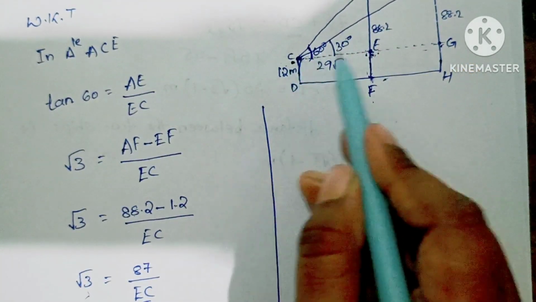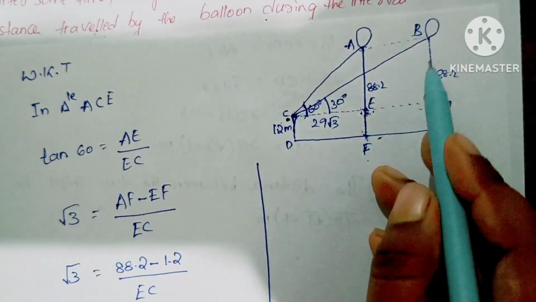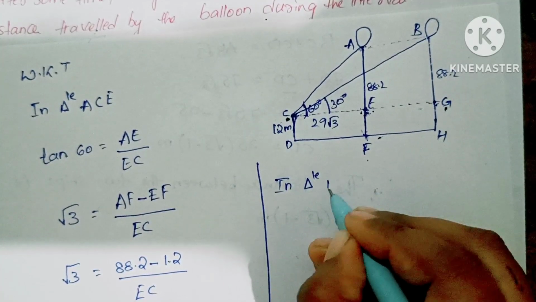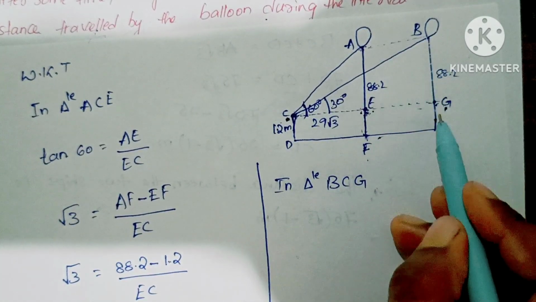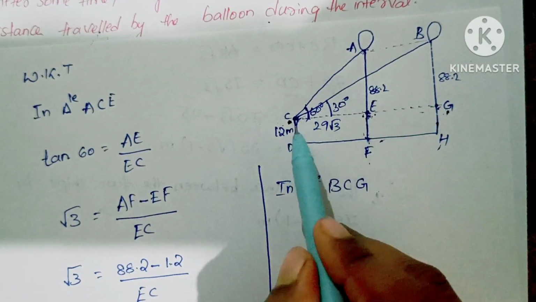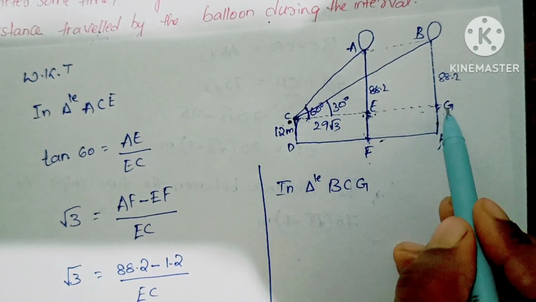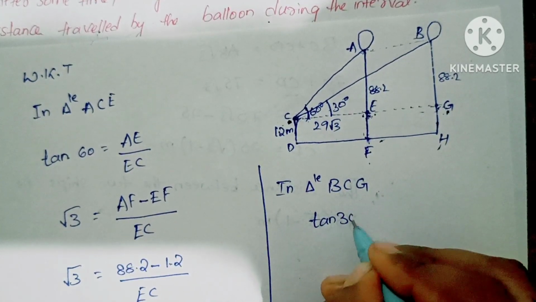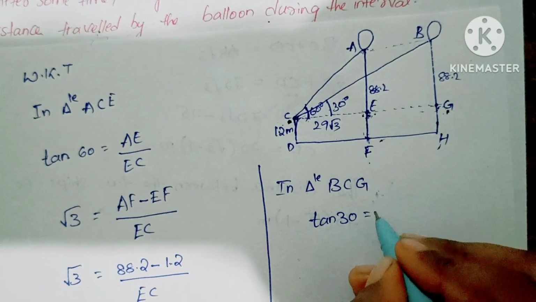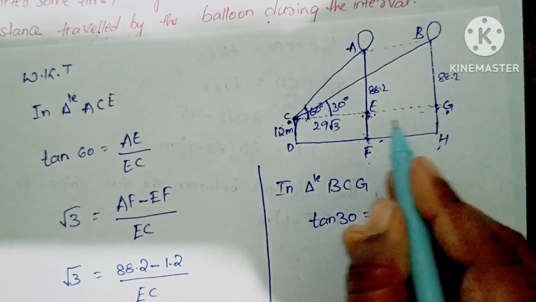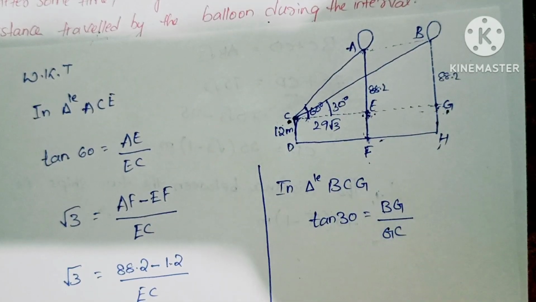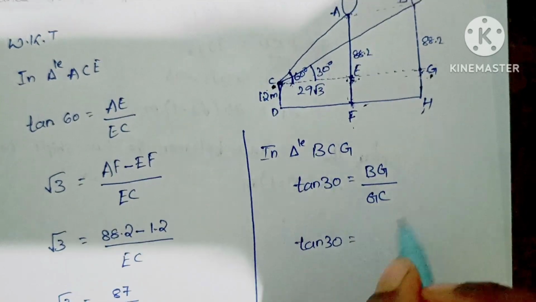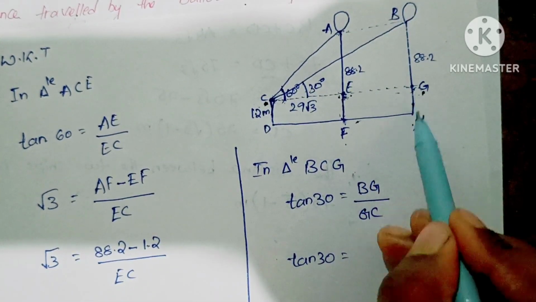Now take triangle BCG. In triangle BCG, you know one side, and you want the full adjacent side. You know this angle, so what will you write? Tan 30 equals BG by GC. BG means BH minus GH.